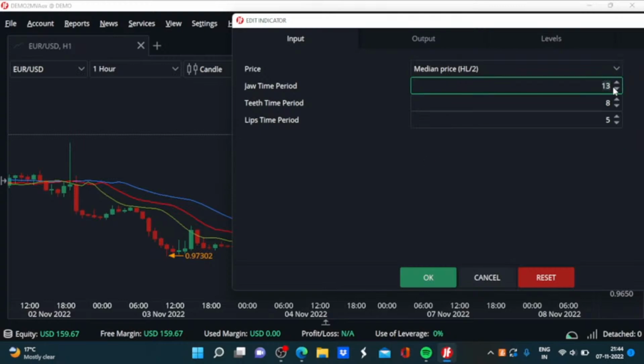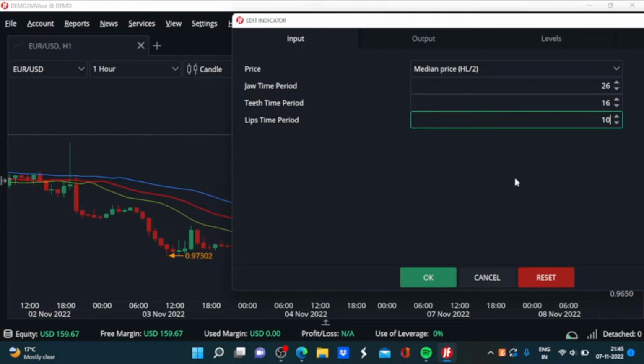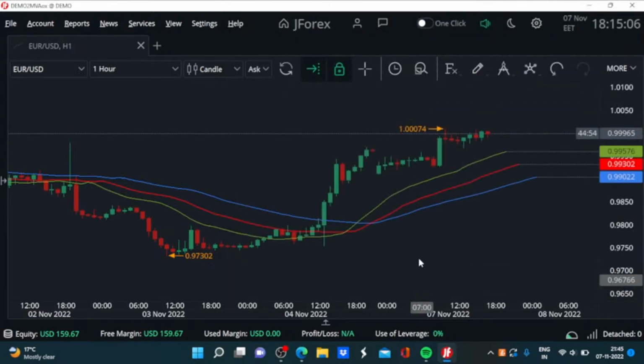This combination, as I said, is not a necessity, but it is better to keep it in the spirit of the maker. So let's try out a combination of 26, 16 and 10. You will have a lot more smoothing with this combination, as we have increased this calculation period.